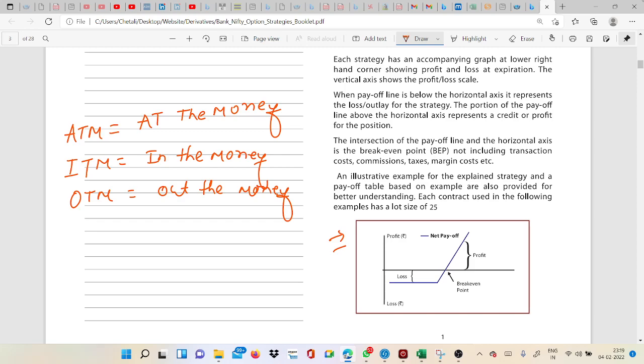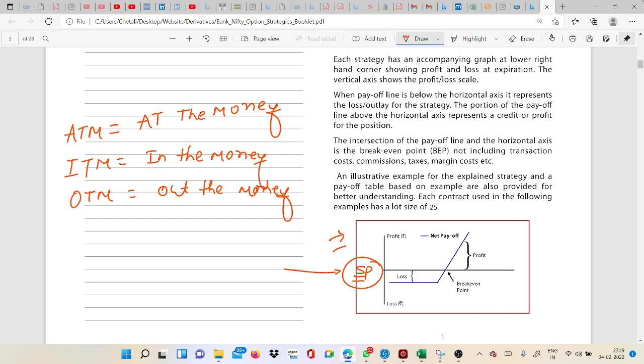Apart from this, this would be your strike price. Strike price means the option that you are targeting to purchase, and that price would be the strike price.